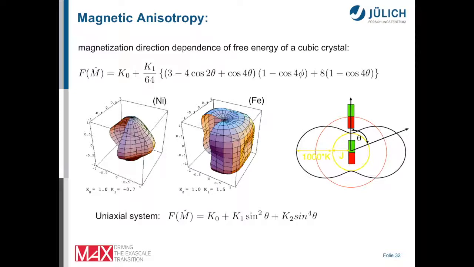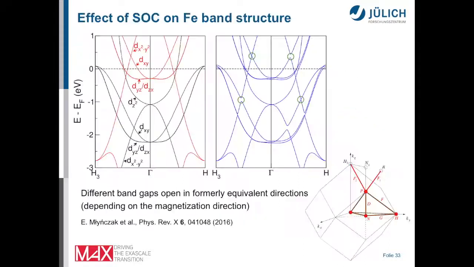Now, if you ask what is the electronic origin, why the total energy depends on the direction of the magnetization, you can look at an example like iron here. I have spin up and spin down states plotted in red and black here in a non-relativistic calculation.